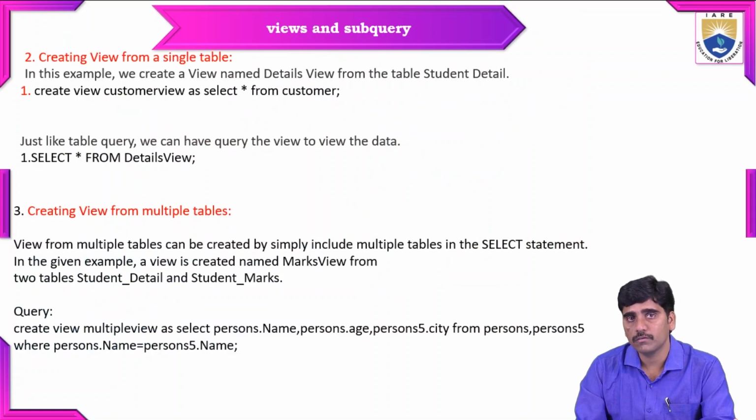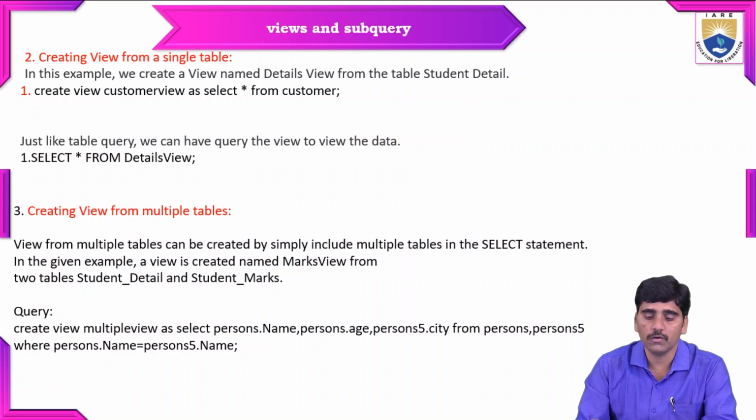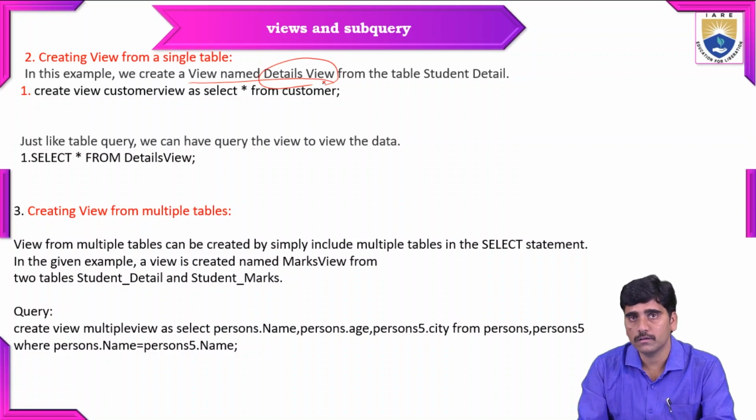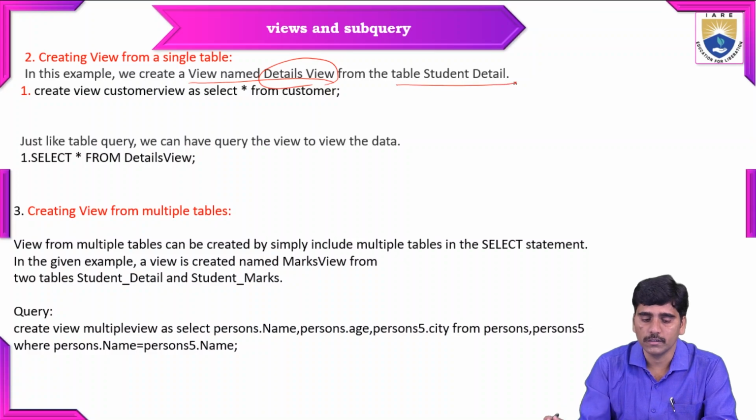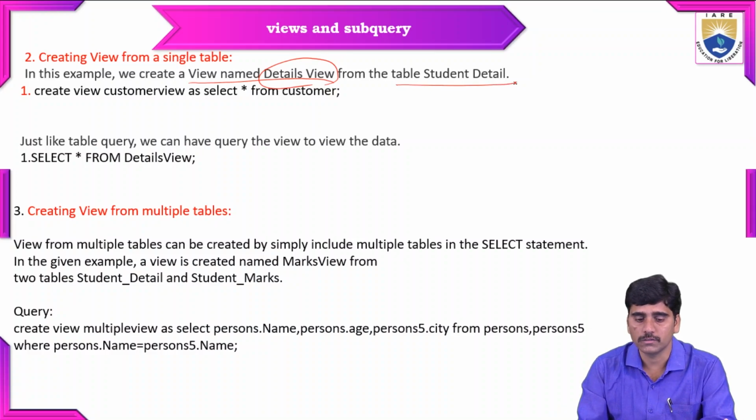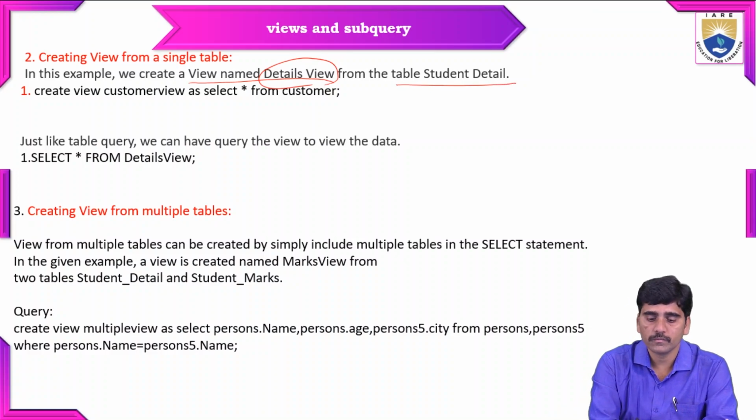We already said that we can create views from a single table and from multiple tables. Here in this example, we create a view named details view from the table student details. Another example: create view customer view as select star from customer.